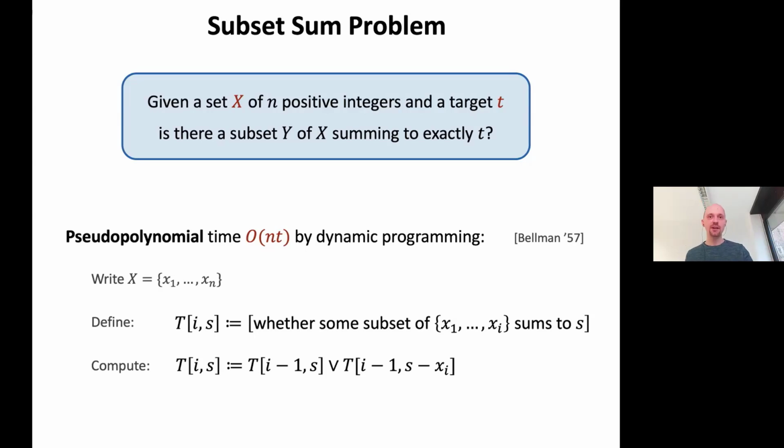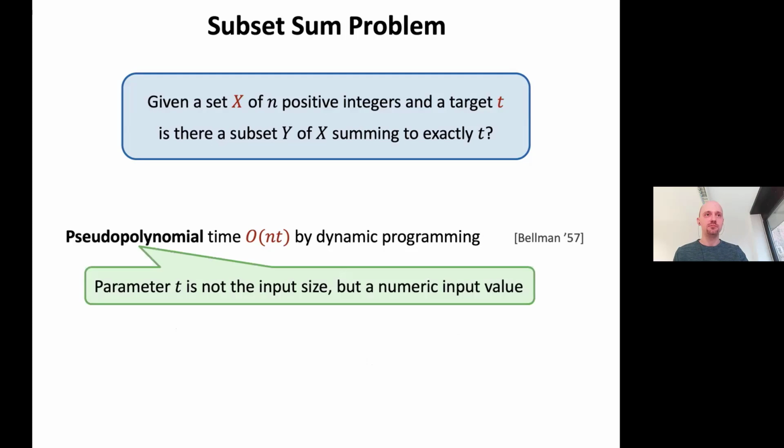And this kind of algorithm is called pseudopolynomial because its running time depends on t, which is not bounded by the input size, right? It's not bounded by the number of items. It's also not bounded by the total number of bits of the input integers, because this would just be n times log t. So in this sense, it's a pseudopolynomial algorithm because the running time depends on a numeric value of the input.